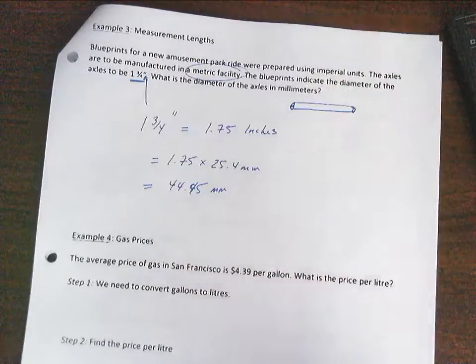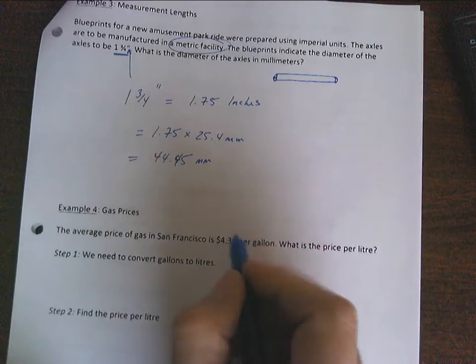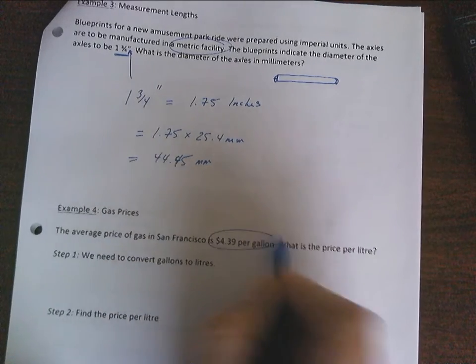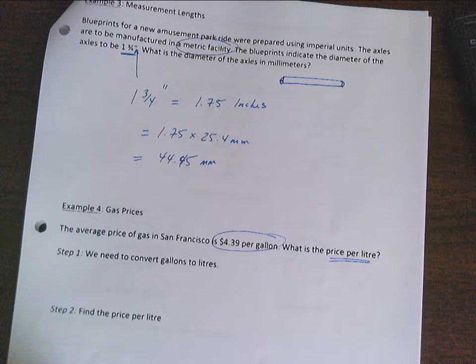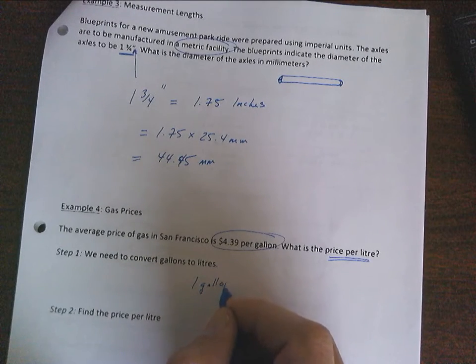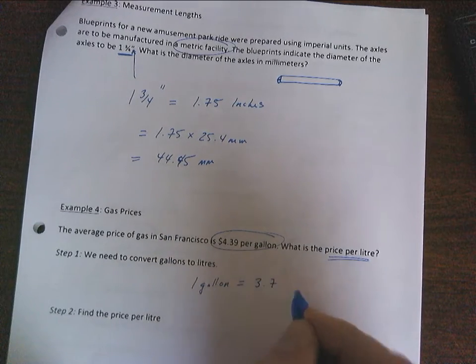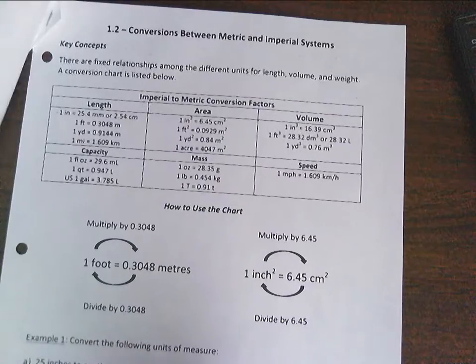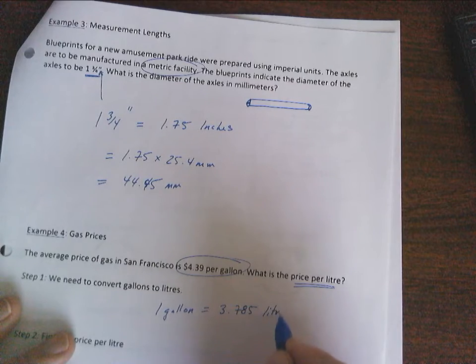Example 4, gas price. The average price of gas in San Francisco is $4.39 per gallon. What's the price per liter? Well, the first thing you need to know is that 1 gallon is bigger than a liter. So 1 gallon is approximately equal to 3.785 liters.